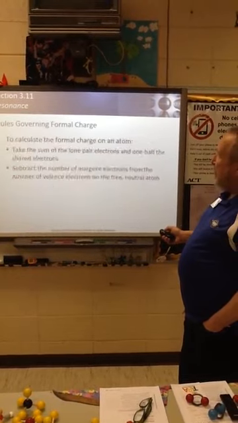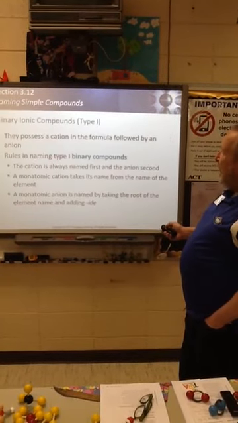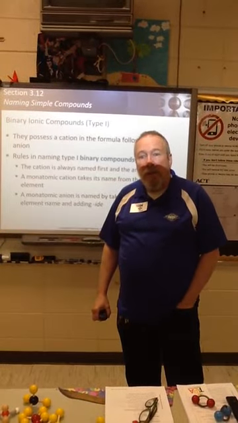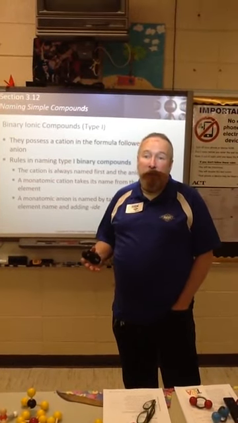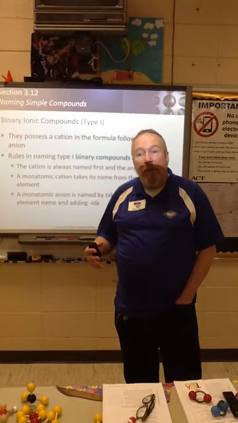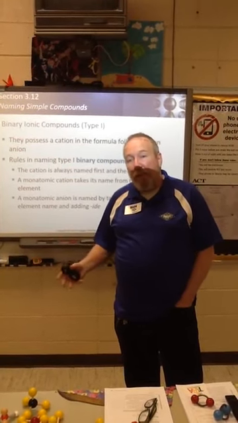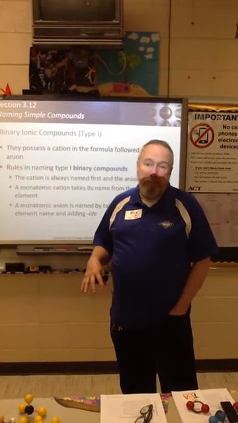Our next lecture is going to be over the last section, naming simple compounds, and I'm going to have a lab set up for you to practice naming compounds, giving the formula, and writing the formula, giving the name.